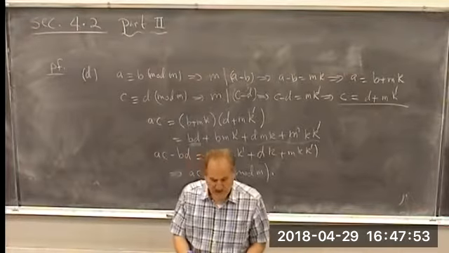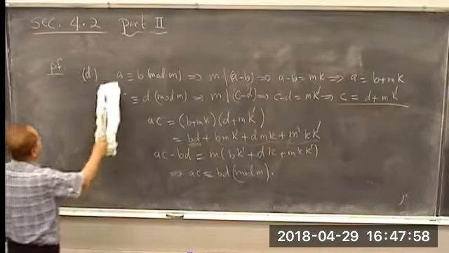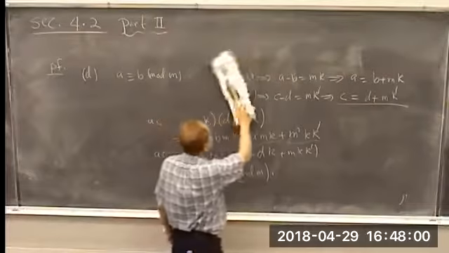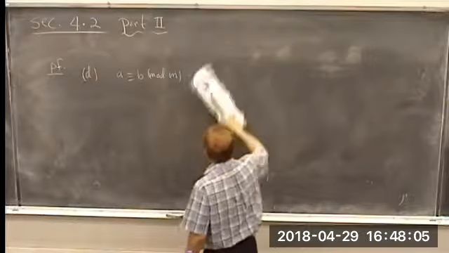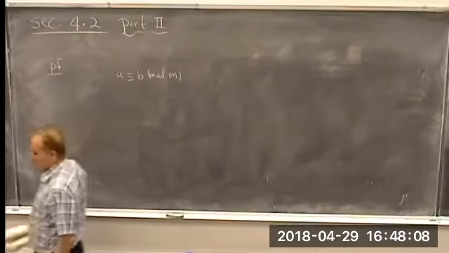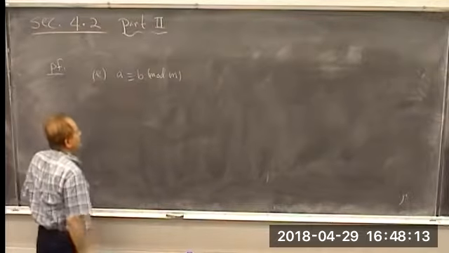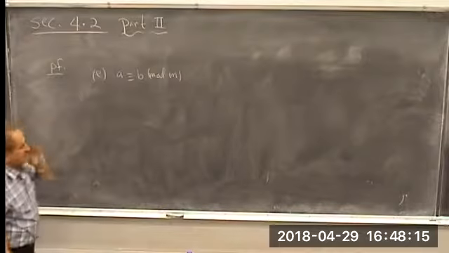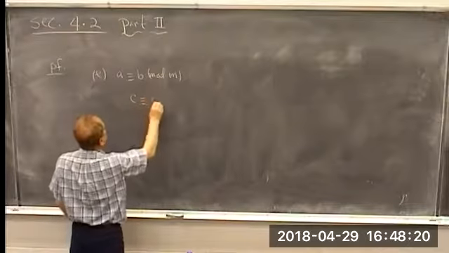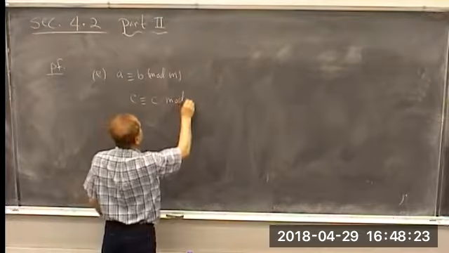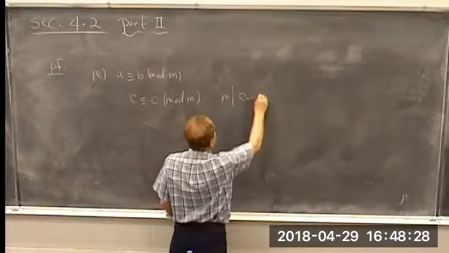Now let's move into a special case, which is E, where we have one congruence, and we want to show that if I add or subtract C, then the congruence is preserved. So as you know, we have this. We also have C is congruent to C mod M, because M divides C minus C, which is equal to 0.